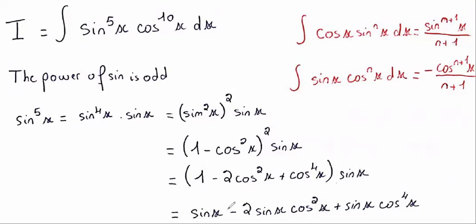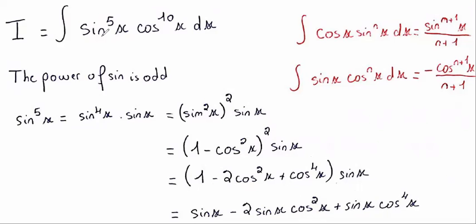We expand again. We get sine x minus 2 sine x cosine squared x plus sine x cosine to the power 4 x. So now I have sine to the power 1 multiplied by cosine to another power. So sine to the power 5 is equal to all of this.